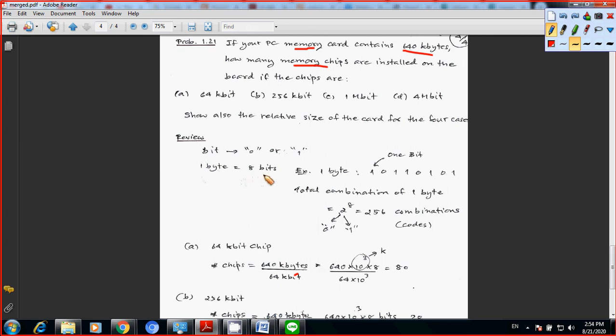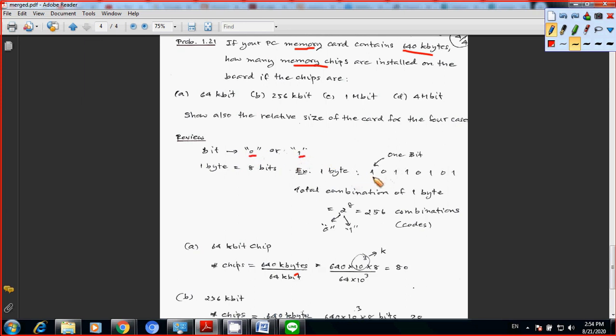And I also tell you the total combinations of 1 byte.